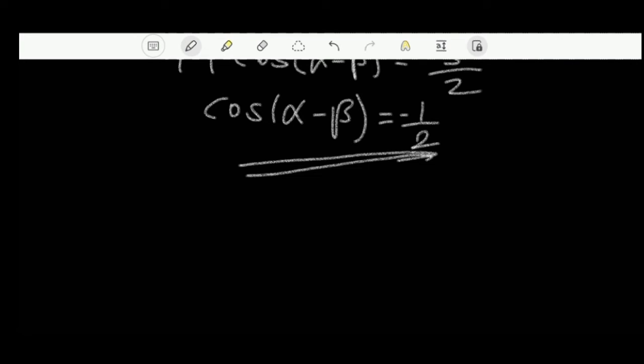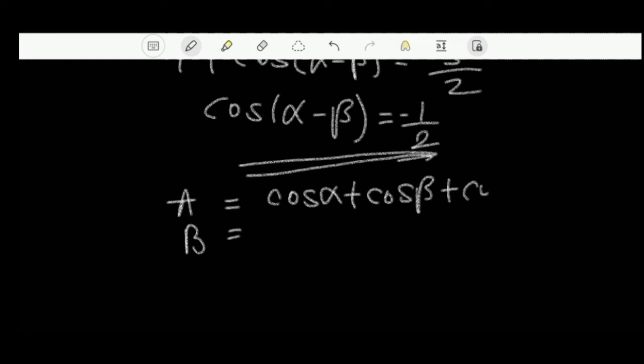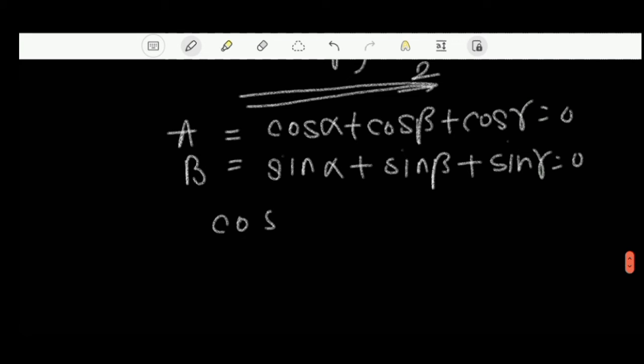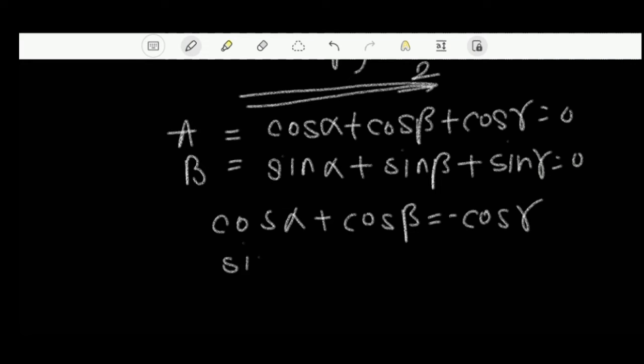Now we will start with our statements A and B. So we know that our statement A is cos alpha plus cos beta plus cos gamma equals 0, and our statement B is sine alpha plus sine beta plus sine gamma equals 0. So we can simply rewrite it as cos alpha plus cos beta equals minus of cos gamma, and sine alpha plus sine beta equals minus of sine gamma.